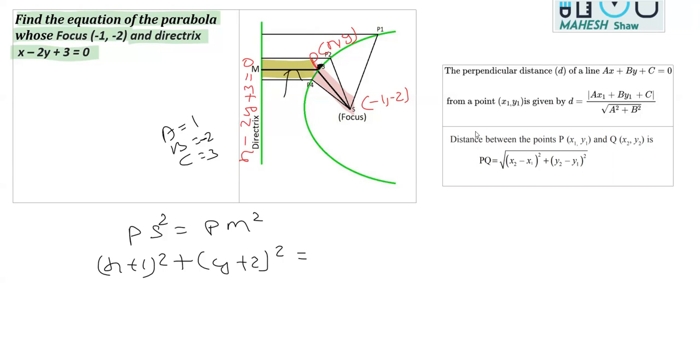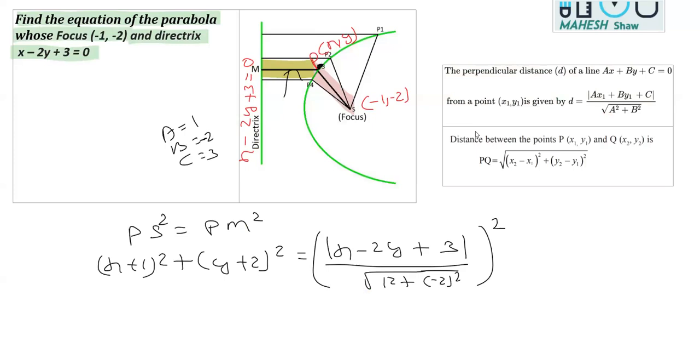That is, A is 1, so that is x minus 2y plus C, which is 3 in this case, whole modulus, under root A square plus B square. Now A square is 1, that's 1 square plus B square, which is minus 2 whole square. But then you have to realize that there is a square over this because it is PM square.